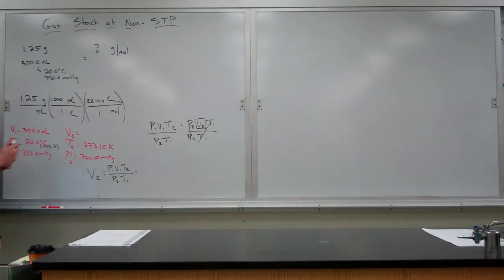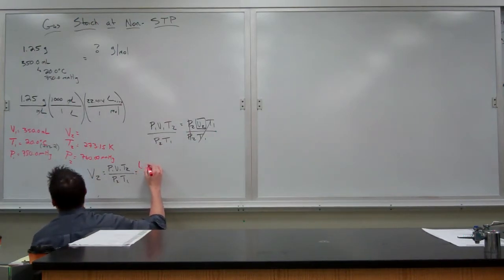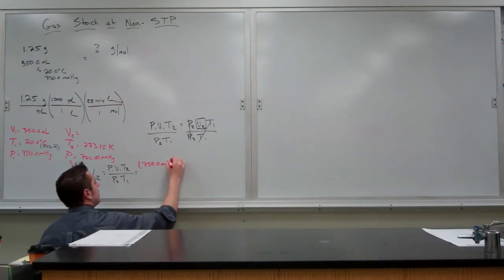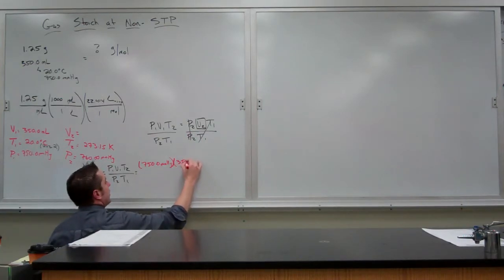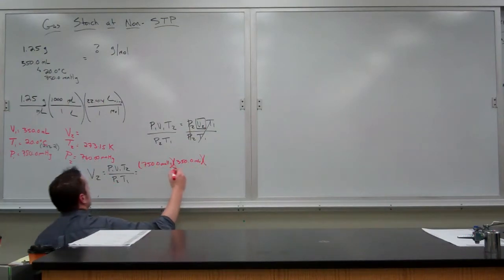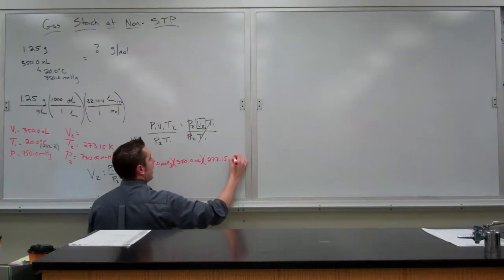Now that I have units that match in temp and Kelvin, I'm able to plug in and get myself a volume. Pressure 1, 750.0 mmHg. Volume 1, 350.0 milliliters. Temperature 2, 273.15 Kelvin.